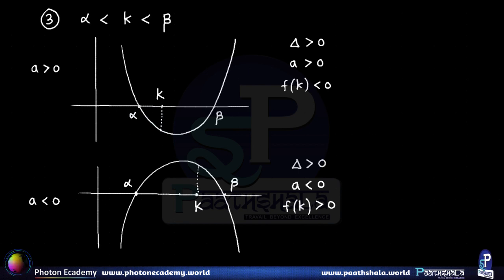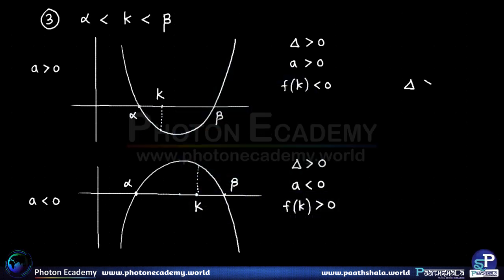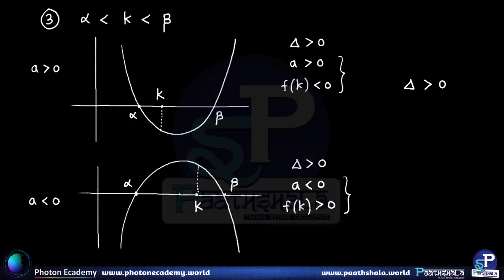So now if we merge these both sets, we have the final set of conditions as delta greater than 0. Now let's observe here, when a is positive, f of k is negative, whereas in the second case when a is negative, f of k is positive. So basically they are of opposite signs.